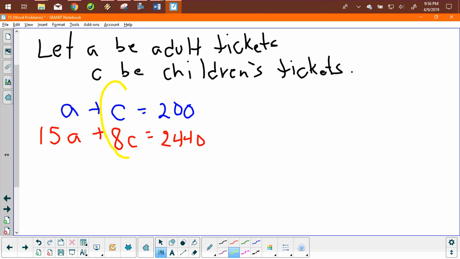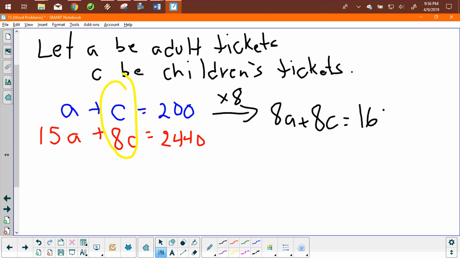If I wanted to get rid of the C, I have 1 and then I have 8, so I need to multiply that top one by 8. So I'm going to take my top equation and multiply it by 8. Now I have 8A plus 8C is equal to 1,600.